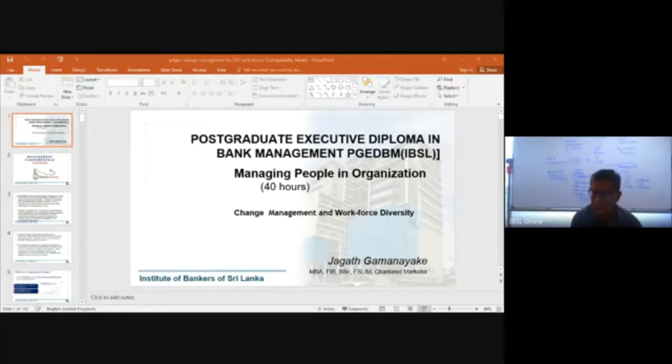Now, how to use this model for change management, that's the important thing. The model suggests that all seven elements have to be aligned with each other in order for the organization to operate successfully.